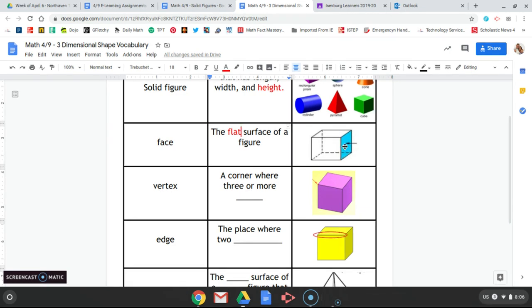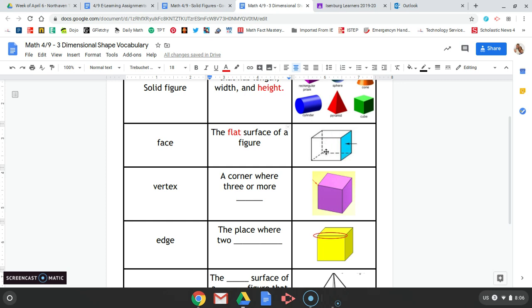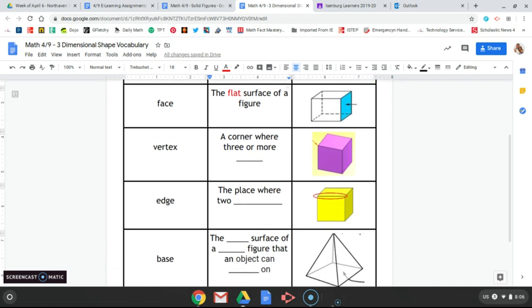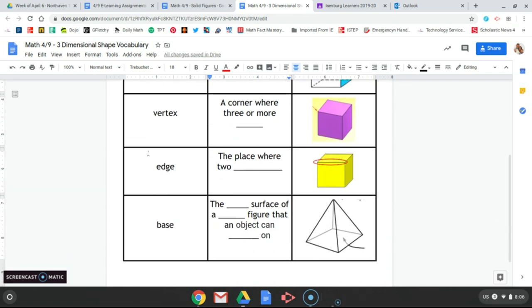That side is flat, so we would call it a face. There are other faces on this shape as well. There's one on top, one in the front, one on the other side, one in the back, and one on the bottom. So any flat surface is a face, and a lot of our shapes are going to have more than one.